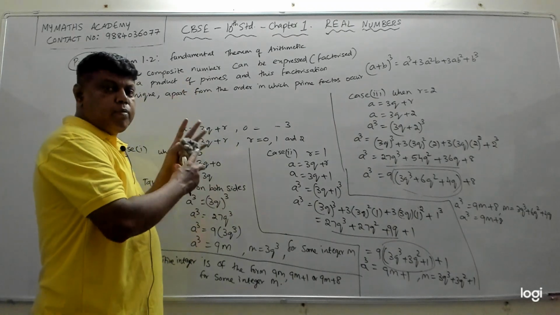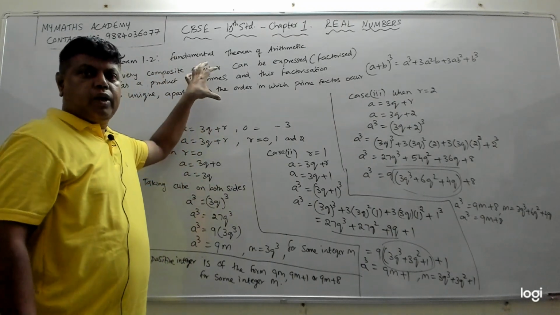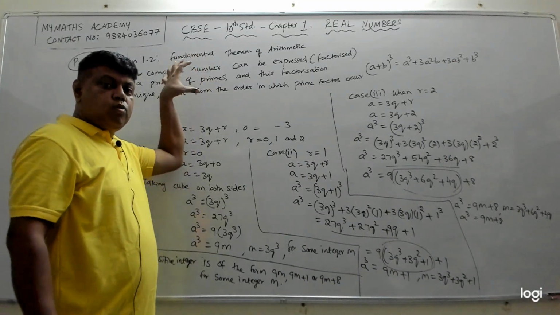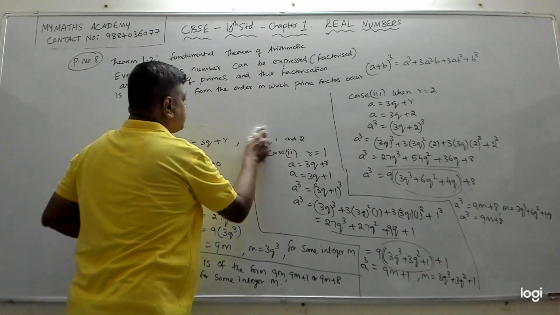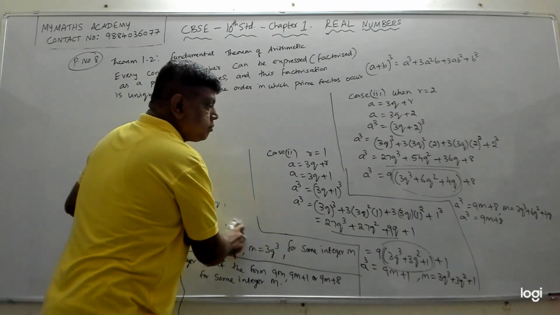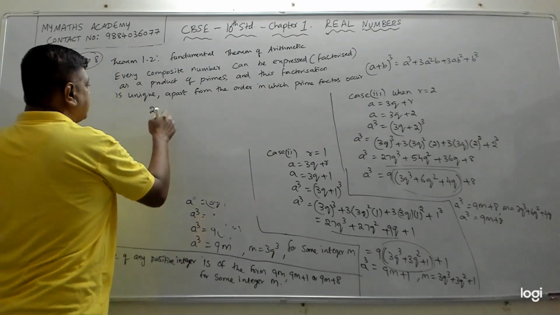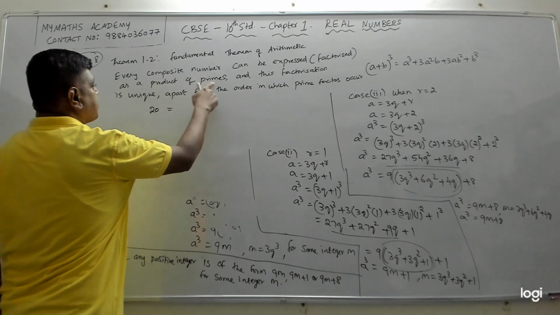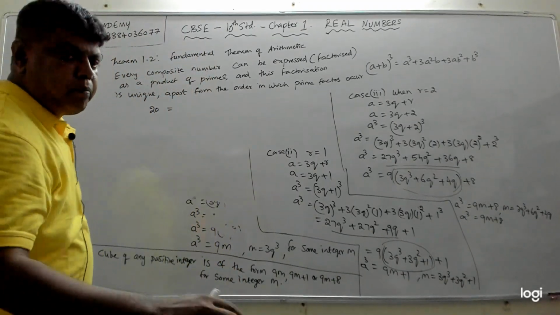Though this statement may be a little confusing, or we may not be able to understand what we are trying to say here, I will give you an example, then you will be able to understand this particular theorem. Right? So suppose I take a composite number, suppose I take a number as 20. Now this number 20, we can write as a product of primes, which means we can write this as multiples of primes.